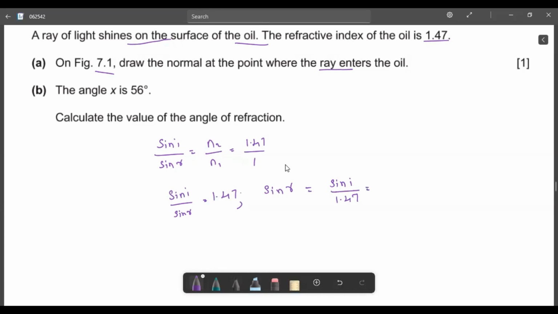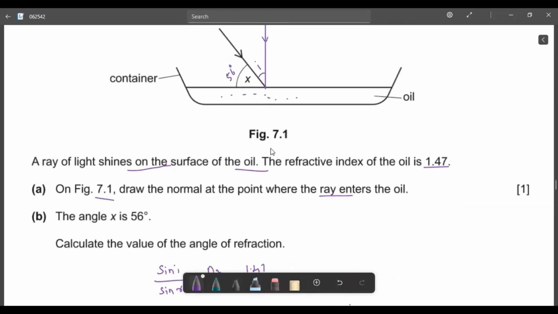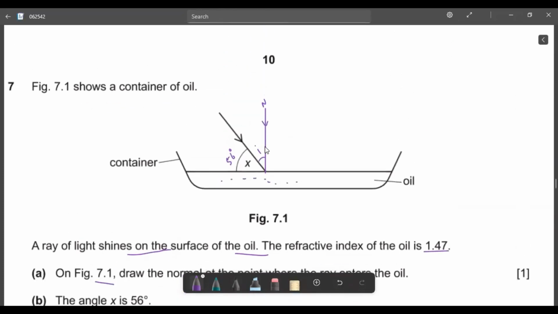So what is i here? Here the surface is perpendicular, that is 90 degrees. So angle i will be equal to 90 minus 56.